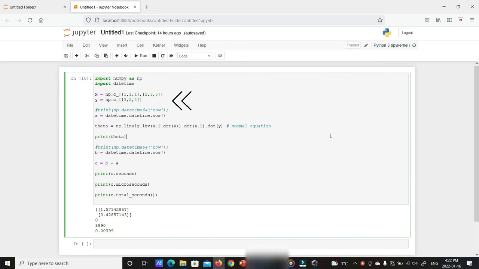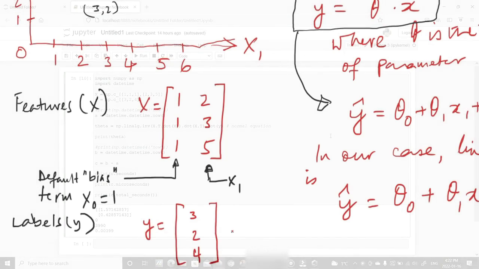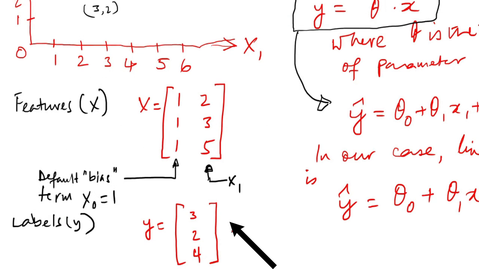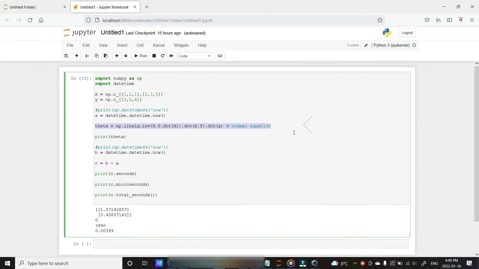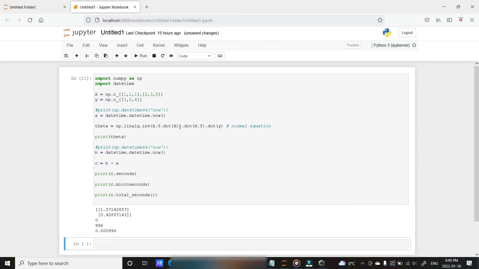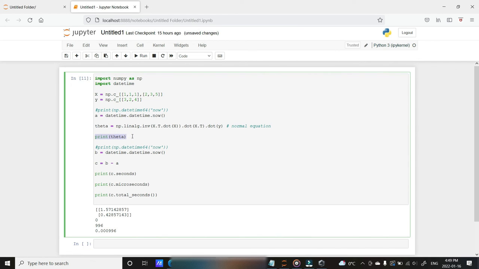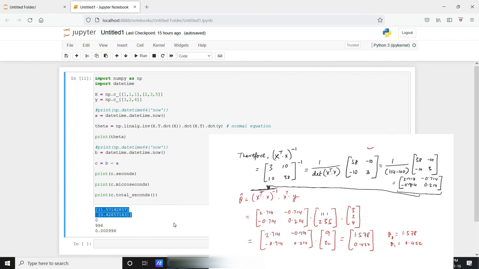It maps to the vector of y values in my hand calculation. This line here implements the normal equation and solves for theta. I'm printing the theta 0 and theta 1 values computed by the Python program. The values do line up with those in my hand calculations. However, theta 1 has a slight difference.